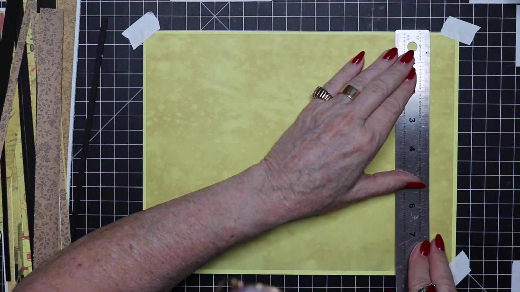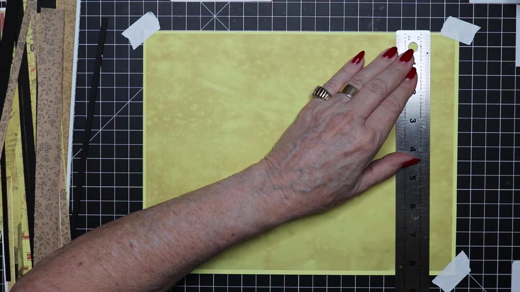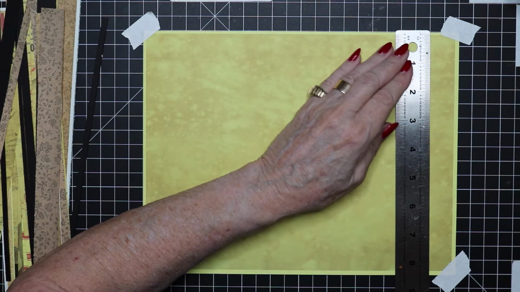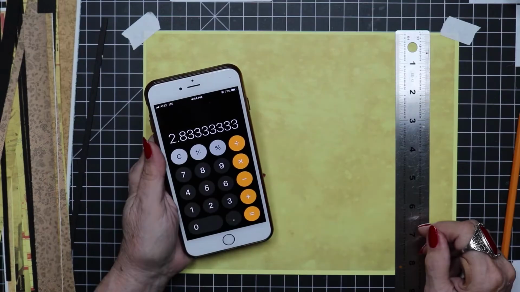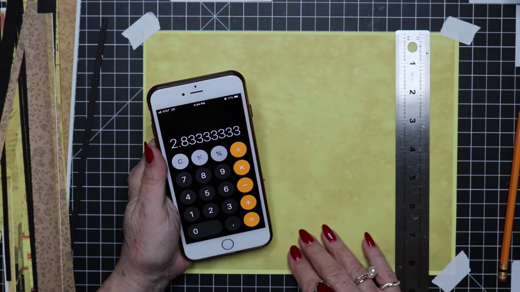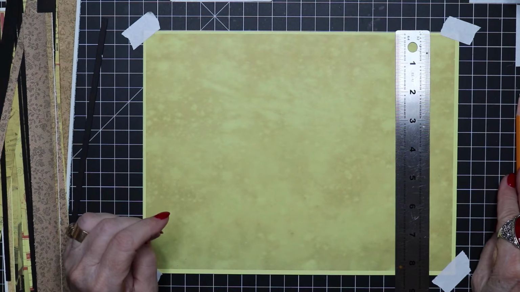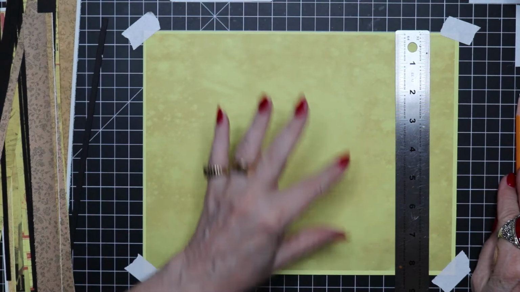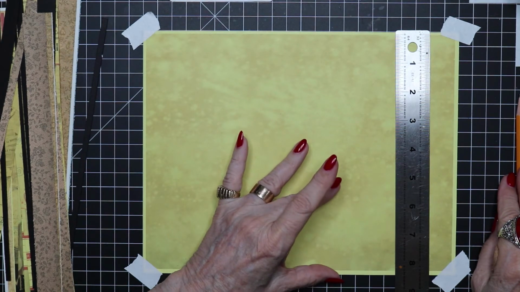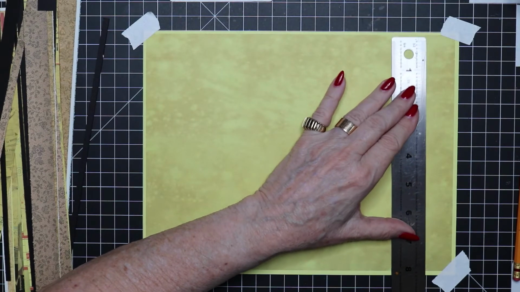Okay, I want to first kind of divide up my background sheet roughly into thirds. So a little less than 3 inches per third. So we got about a little less than 3 inches to divide it into thirds, but I want to bottom weight the lowest third.